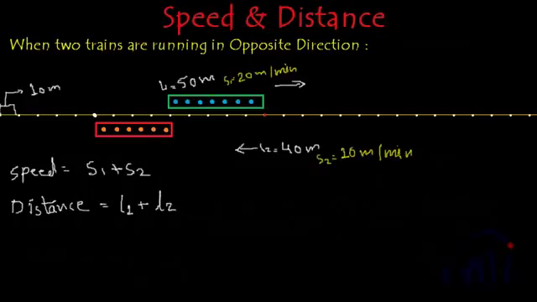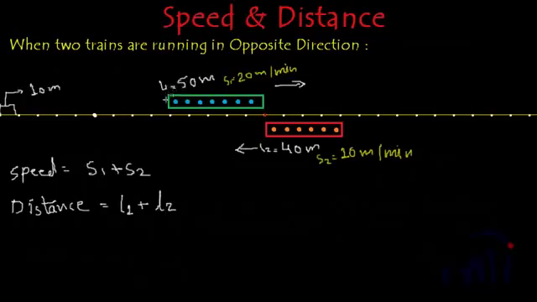So this was when the green train is stationary and the red train is running. Now let's see what happens if the red train is stationary and the green train runs. This is the starting point, right? The front ends of the red train and green train are in perfect alignment, and now we are assuming that the red train is stationary and the green train is running.